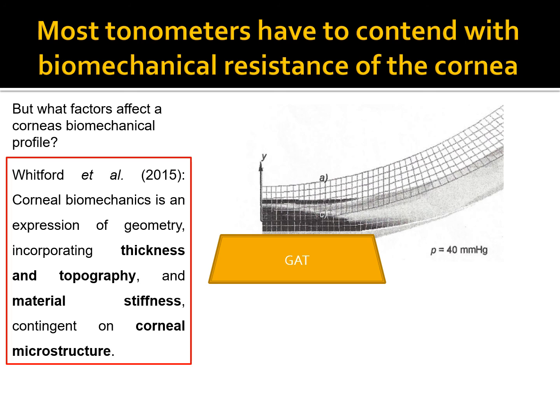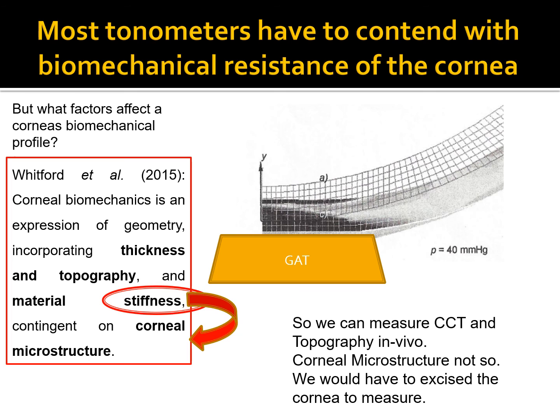Whitford considers corneal biomechanics as an expression of geometry. So we think of biomechanics as just a cellular type thing, but it's thickness and topography, and material stiffness. And material stiffness is contingent on the corneal microstructure.